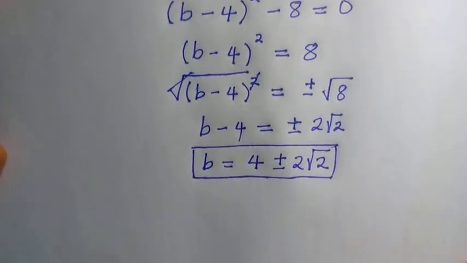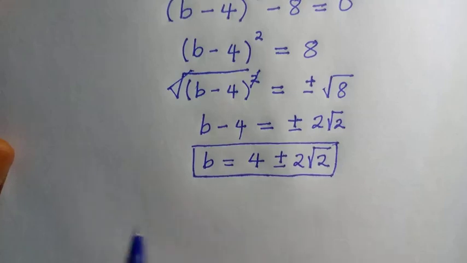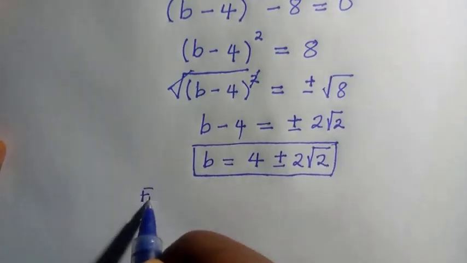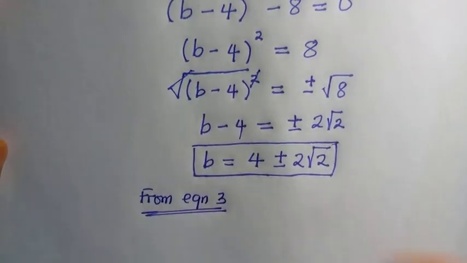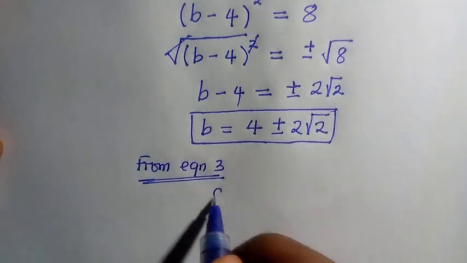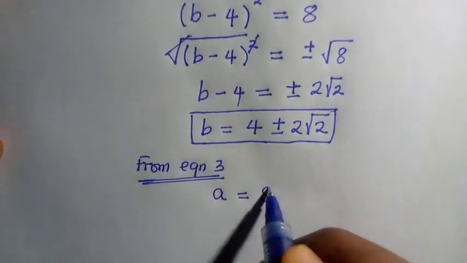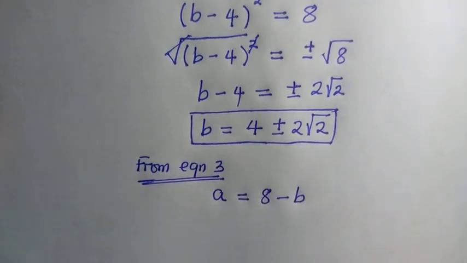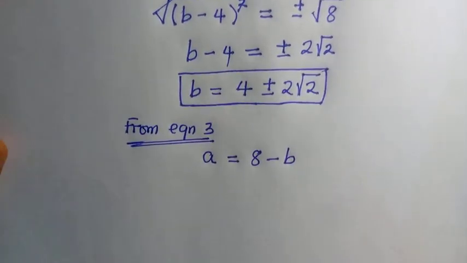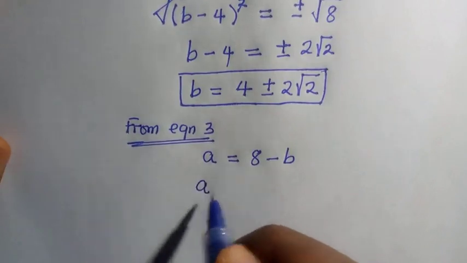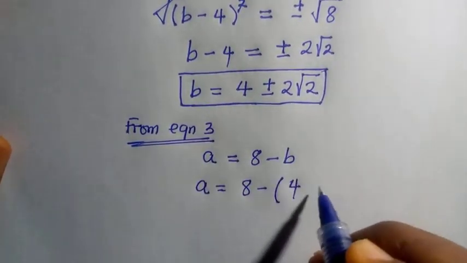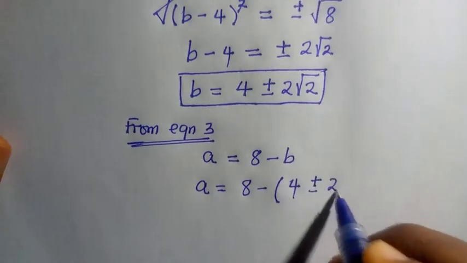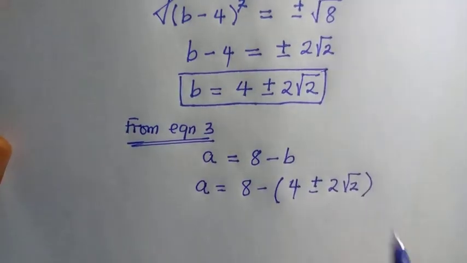And we have to get the value of a by considering equation 3, where we have a equals 8 minus b, and we know the value of b already. So by inputting it, we have a equals 8 minus open bracket 4 plus or minus 2 root 2.